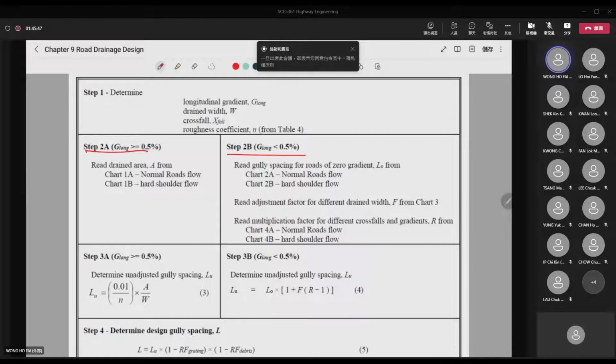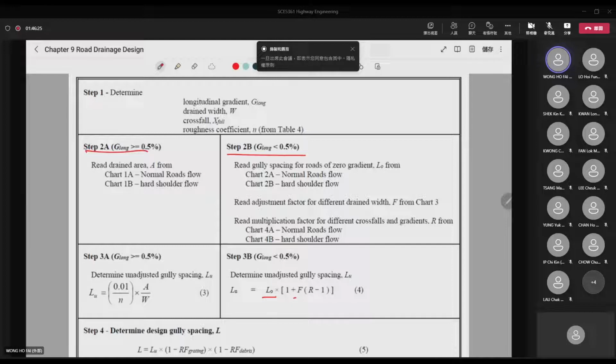From the chart, you should look for the drained area, A. Then your unadjusted spacing of the gully will be equal to 0.01 divided by n, times A divided by W. For a gradient more than or equal to 0.5%, you have equation 4: L naught times 1 plus F times R minus 1.